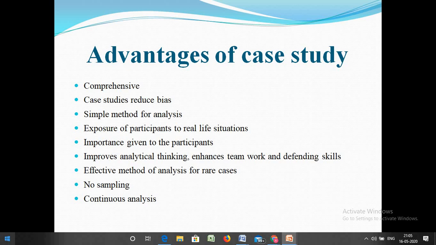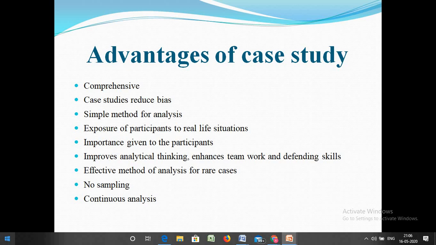Fourth one is case studies expose the participants to real life situations which otherwise is difficult. Thus, the advantage of this method is its applicability to real, contemporary human situations, as well as its public accessibility through its written reports.